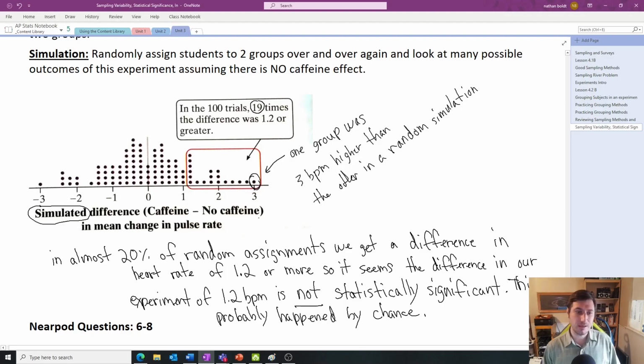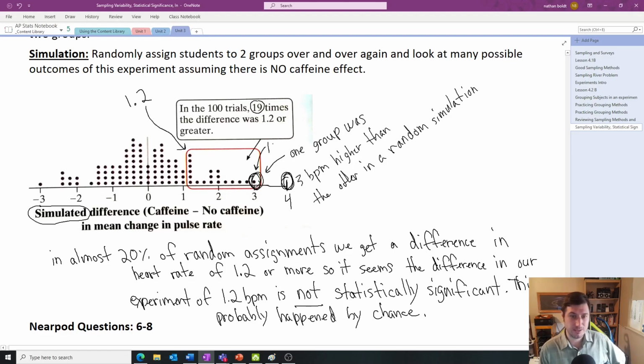And then you take a look at, all right, here's the variability in simulation. Did my experiment land inside that variability? 1.2 is about right there, right? And if it is inside that variability, then your results aren't statistically significant. Now, if we had an increase in heart rate of like 4, or even 3, well, 3 is highly unlikely to happen by chance.